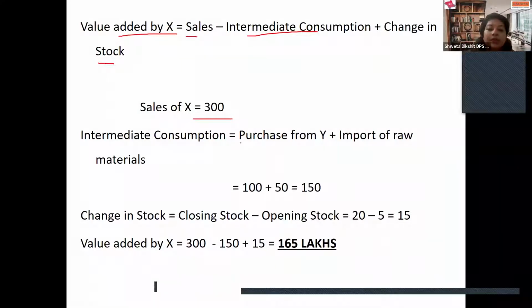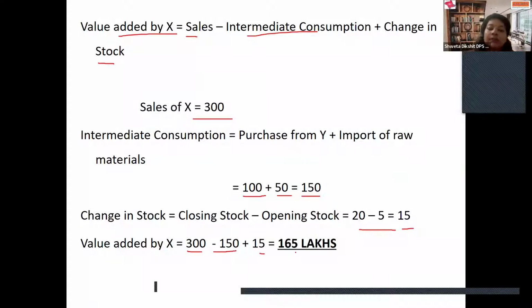Closing and opening stock of firm X is 20 minus 5, which is 15. And the intermediate consumption of firm X is from Y 100, and the other one, that is import, 50. That is 150. So putting all these values as per the formula, 300 minus 150 plus 15 is equal to 165.